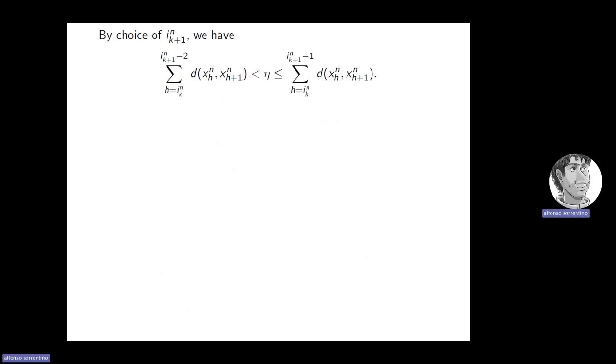Now, by the choice of i_{n,k+1}, this is the first time the sum is larger than epsilon, so if I do the sum without the last step, it has to be strictly less. It's the first integer such that this is true, so the one before must be strictly less.